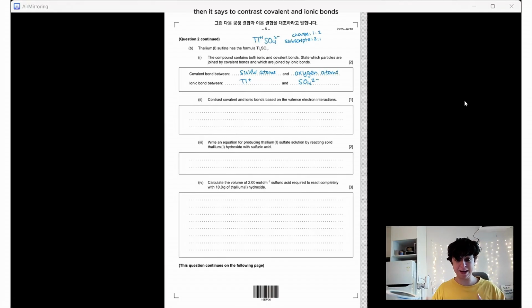Okay, boom. Then it says to contrast covalent and ionic bonds based on their valence electron interactions. This one is quite nice because normally it says to describe the bonding like ionic or covalent, and you have to use this really oddly specific wording from the subject guide, like, oh, electrostatic attraction between oppositely charged cations and anions, right?